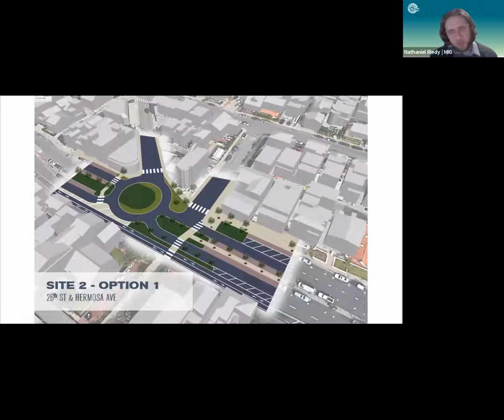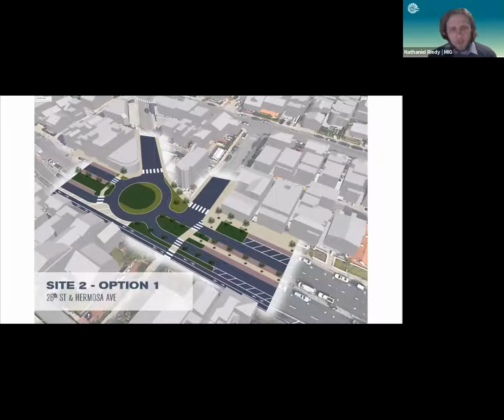If you're familiar with other traffic circle installations, they don't have stop signs or stop lights. You yield to the person that's already in the traffic circle. This option does provide the most choices for people and vehicles in terms of turning. Actually, quite a bit more choice than the existing condition, where in this case it would be feasible to make a U-turn on Hermosa.